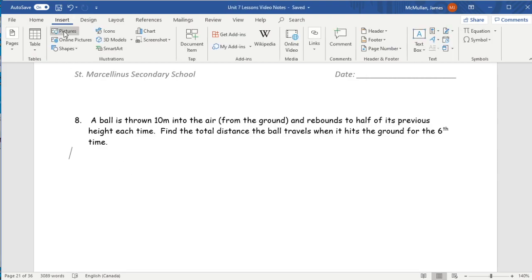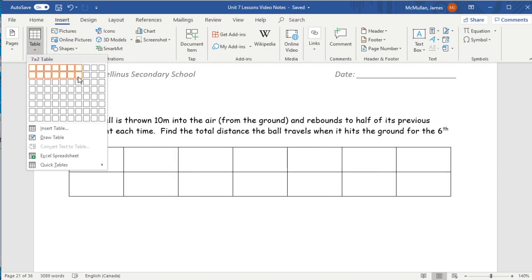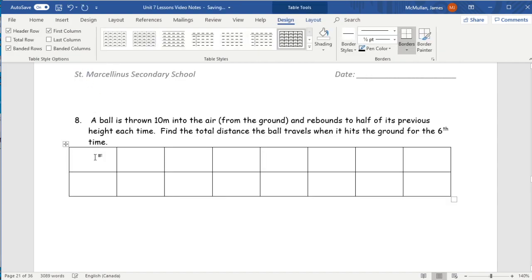Let's set up a table just to get ourselves started here. So it has to be dropped, and then it has to hit the ground. So 1, 2, 3, 4, 5, 6. So let's say bounce number, and then let's say distance traveled.